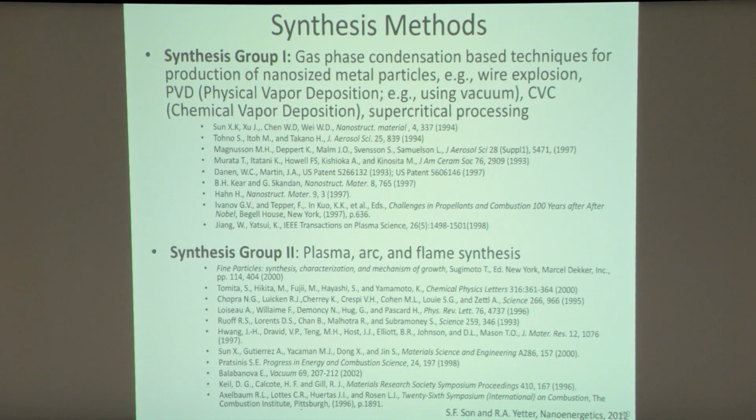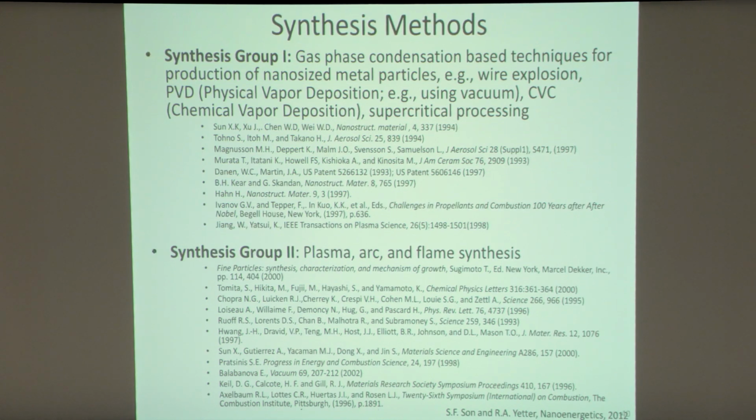Group 1 is gas phase condensation-based techniques for production of nanometal particles. So this is where I would electrically explode a wire. It would create vapor, and that vapor would condense, and I would control the condensation process. Also physical vapor deposition and vacuum, chemical vapor deposition, and supercritical processing.